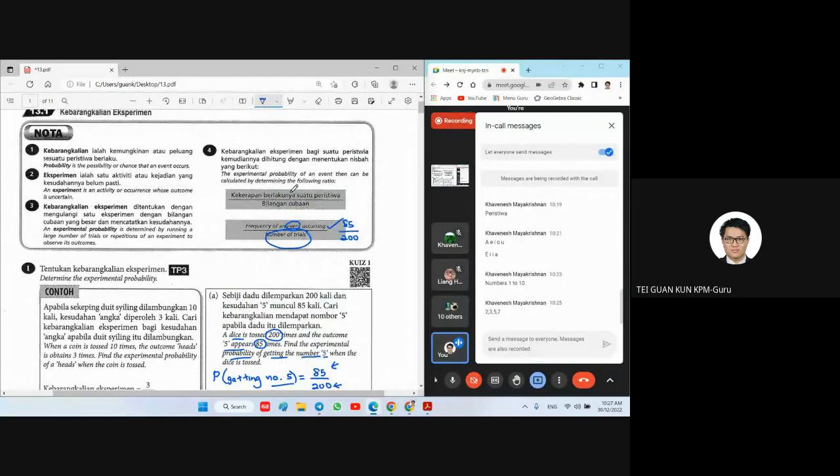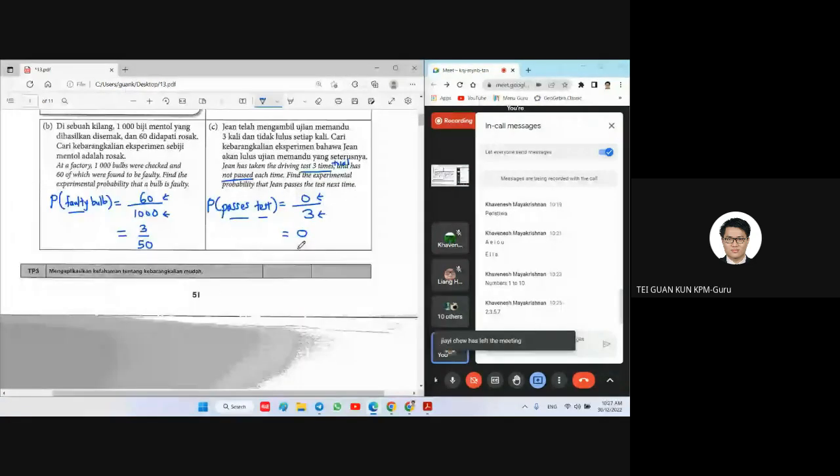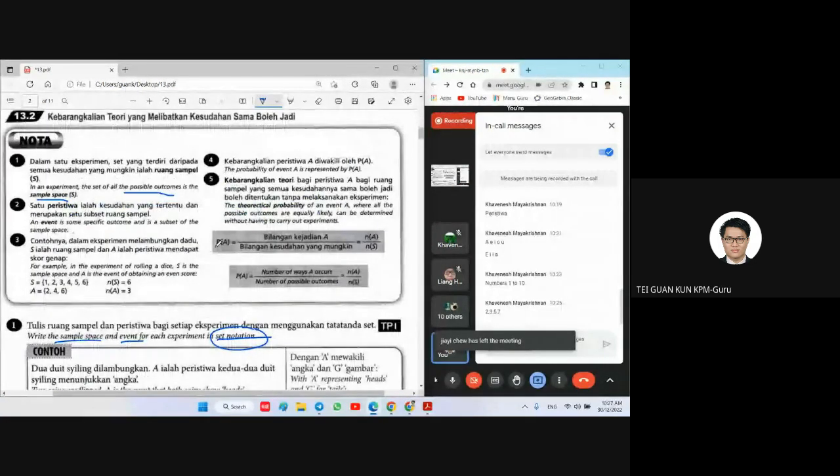Probability is equal to the frequency event yang kita nak per dengan numbers of trial lah. Okay, ataupun kita boleh guna yang ni lah. Probability of A ataupun probability of an event yang kita nak is equal to the numbers of times the event divide all the possible outcomes.